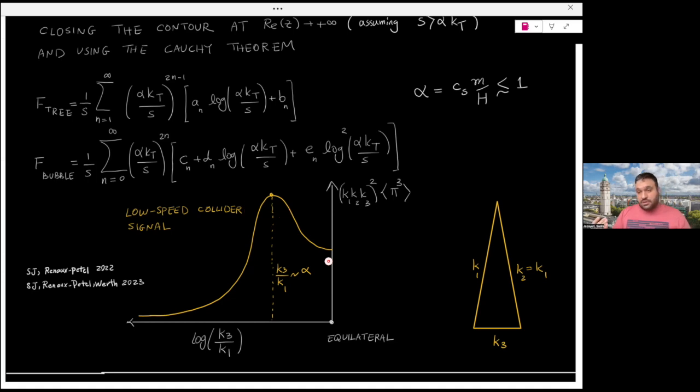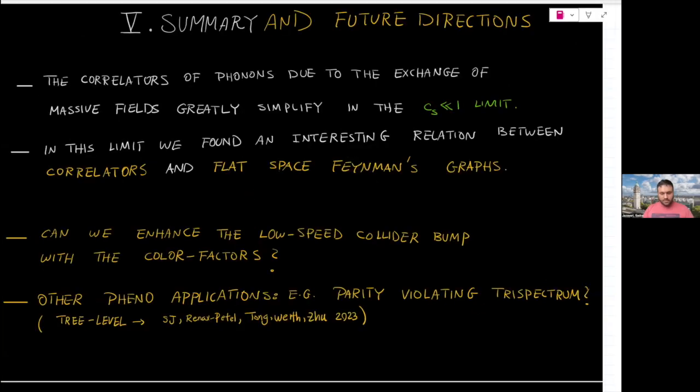And that is a smoking gun imprint of having a supersonic exchange in the Feynman diagrams of pi. However, at 1 loop we don't see the same bump, so the shape remains very similar to equilateral and orthogonal, although there might be some other complicated diagrams that feature the same bump. This is still in progress.